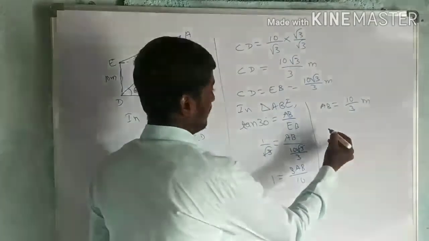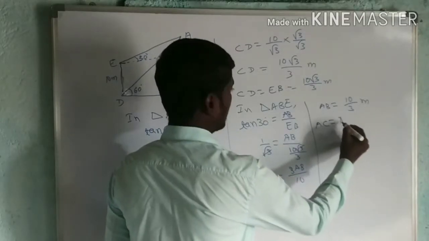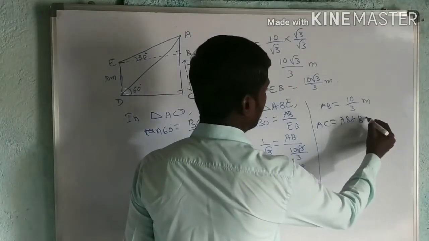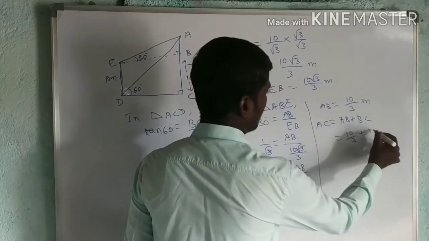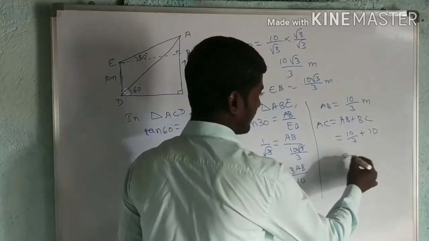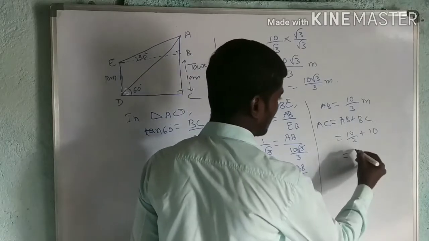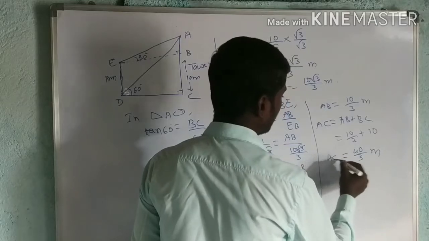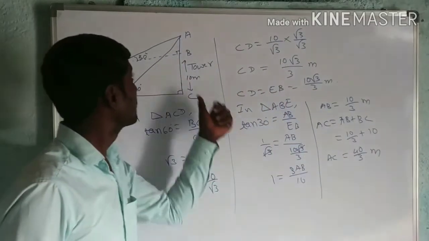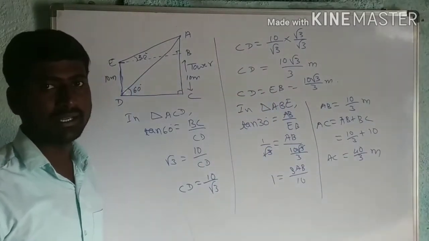Now, AC is equal to AB plus BC. Now AB value is 10 by 3 plus BC value is 10. By taking LCM, 30 plus 10, that is 40 divided by 3 meter. So here the height of the tower is 40 divided by 3.